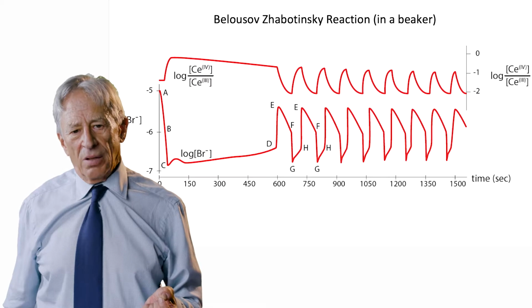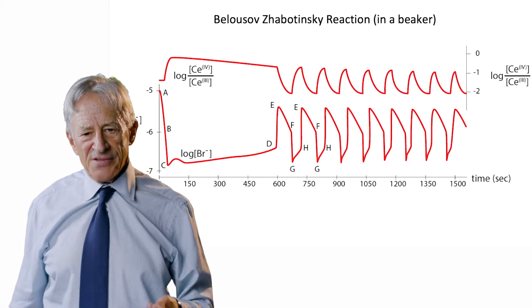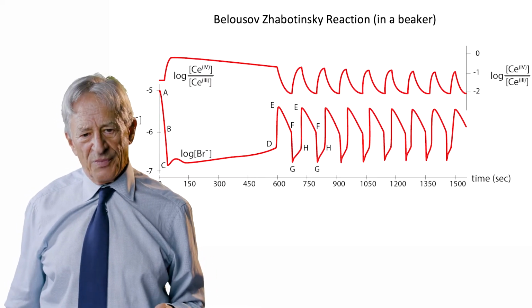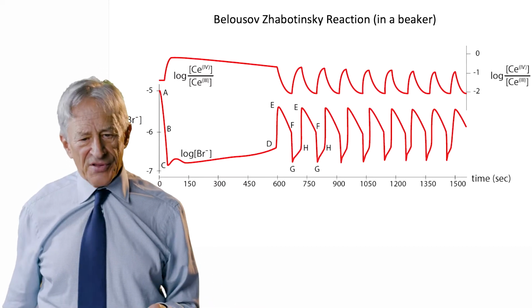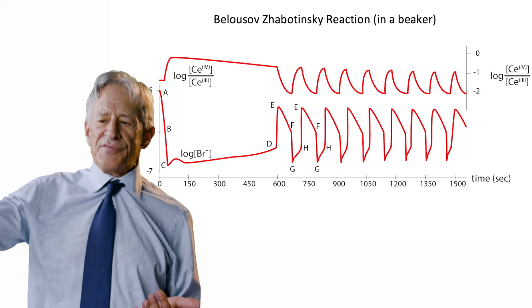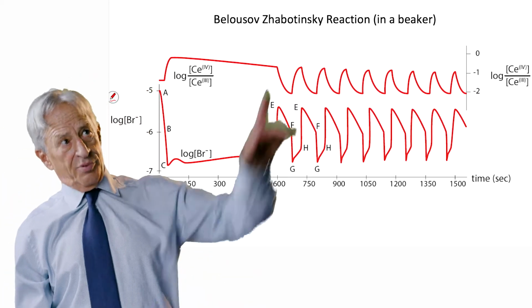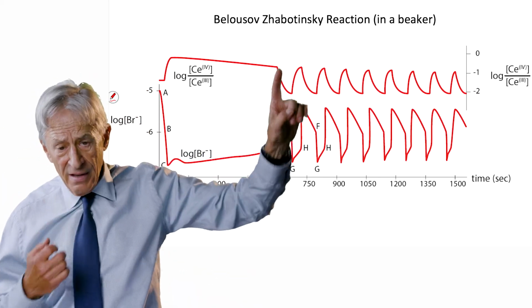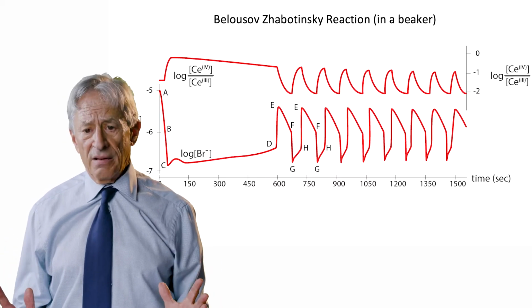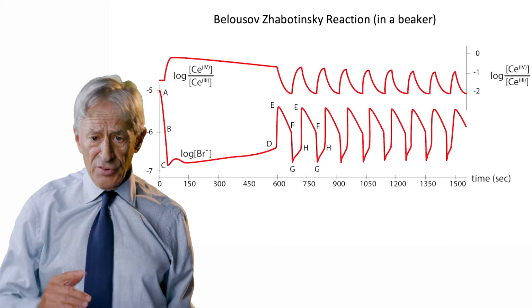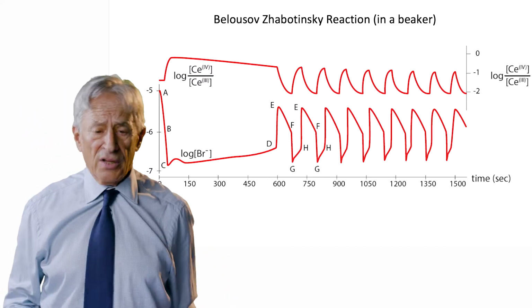Give me an example of a closed system. Is the nucleus a closed system? No, it is not. It receives molecules from outside and it puts out molecules to the outside. Is the cell a closed system? No, it is not. It receives energy molecules, it puts out waste molecules.